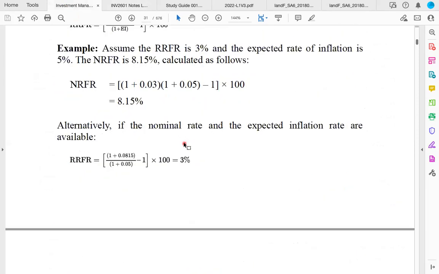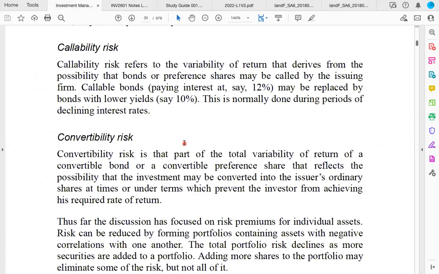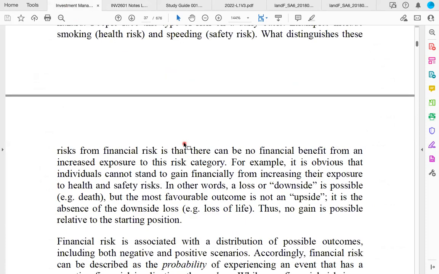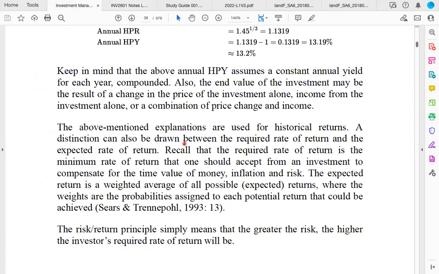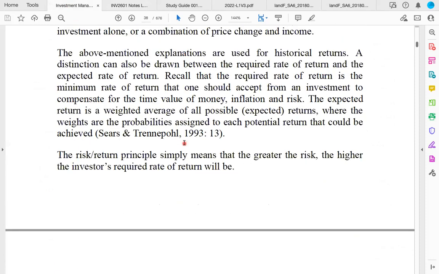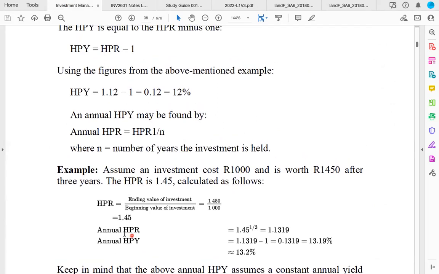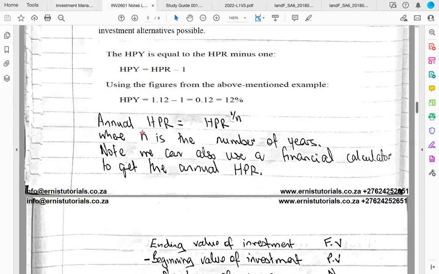Let me just double check that. The annual HPR is actually just the annual holding period yield. I just want to confirm that part. Yeah, there we go. So the annual HPR will just be the 3-year HPR to the power 1 over n, where n is the number of years.